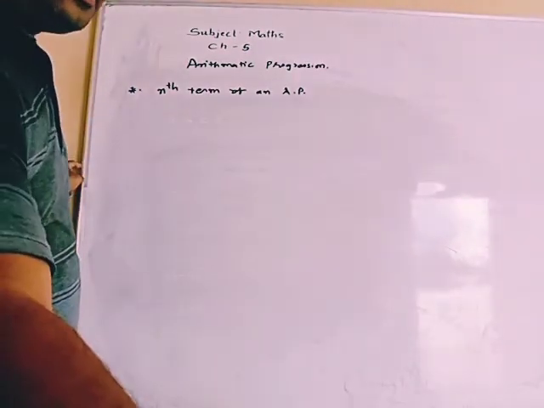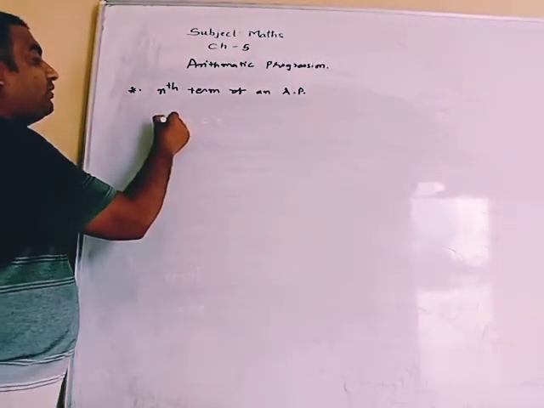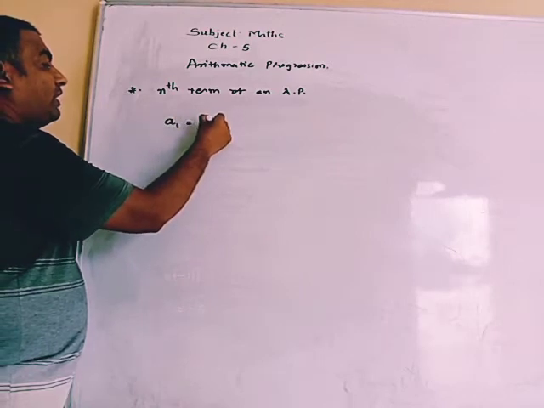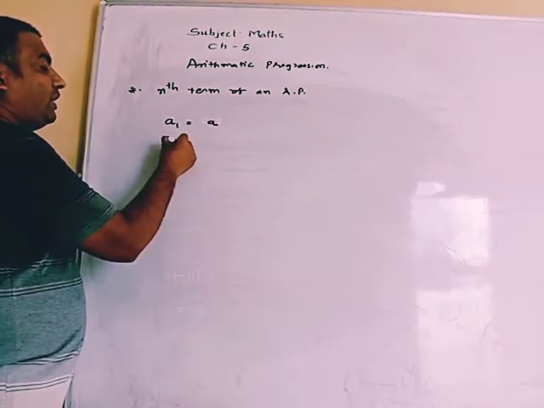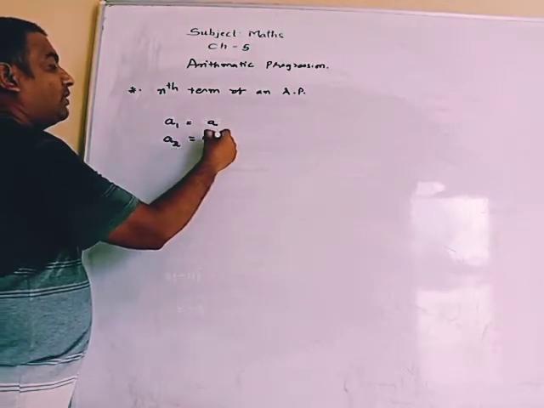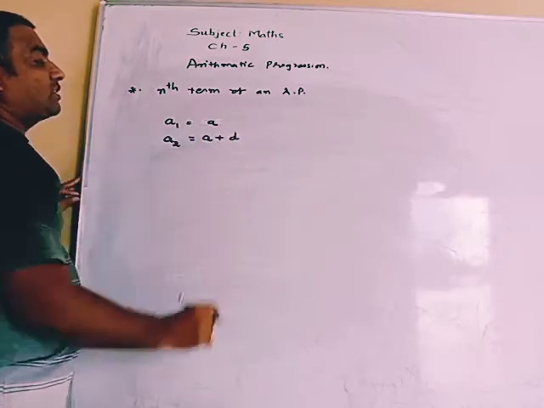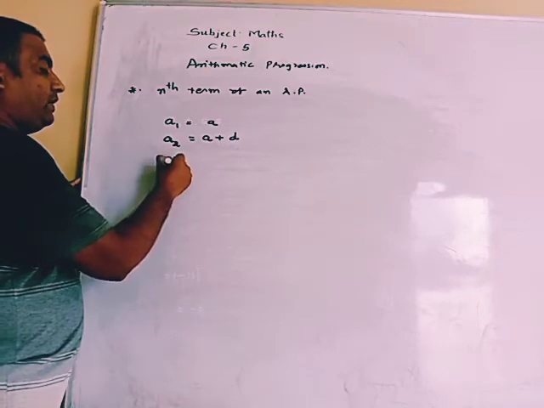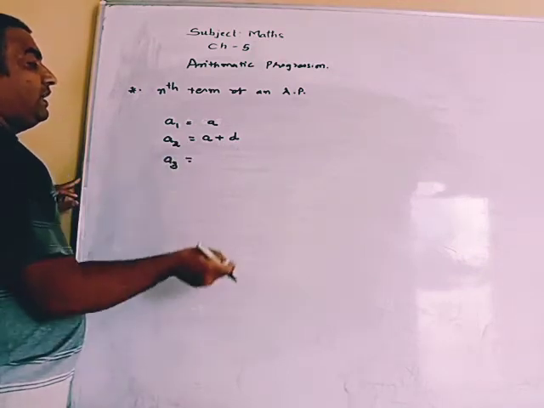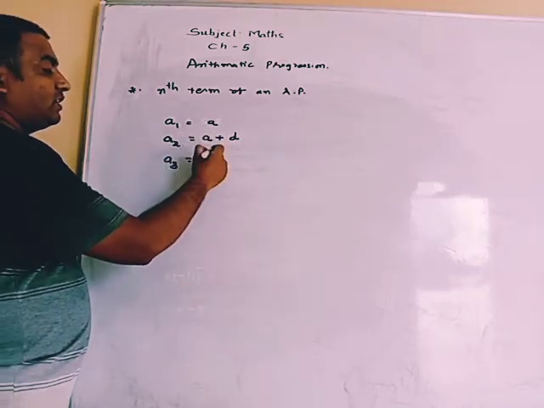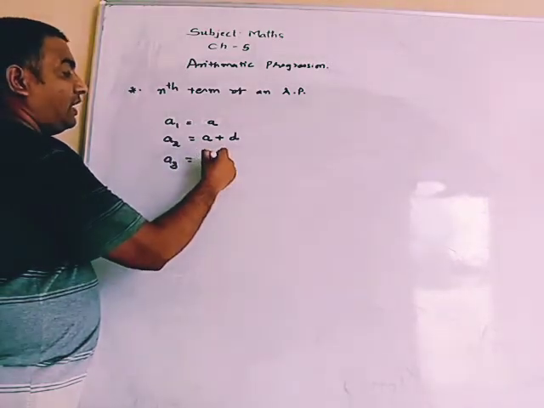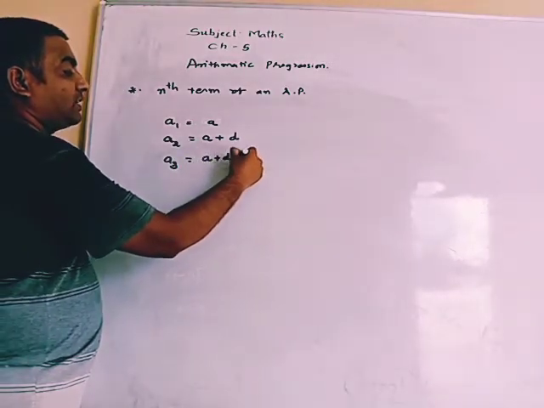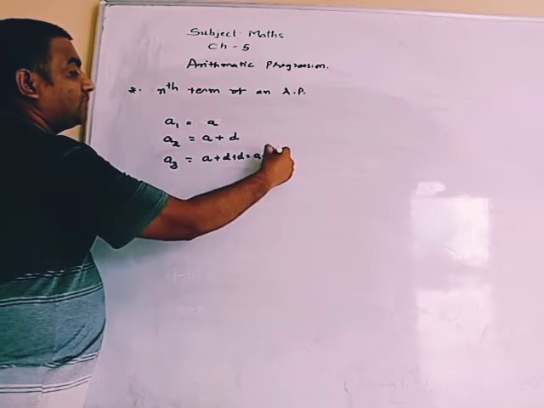For that, we know that the first term a1 equals a, and the second term a2 equals a plus d, where d is the common difference that we add to the first term. Now a3 we get by adding d to the second term, so it will be a plus d plus d, that is a plus 2d.